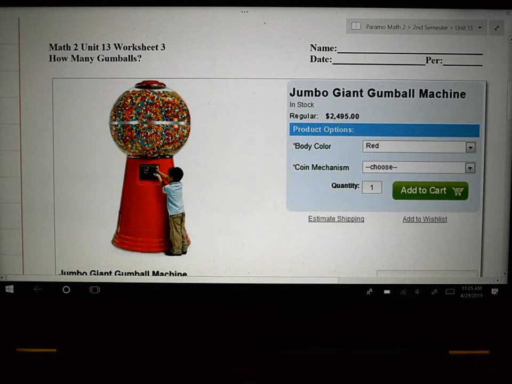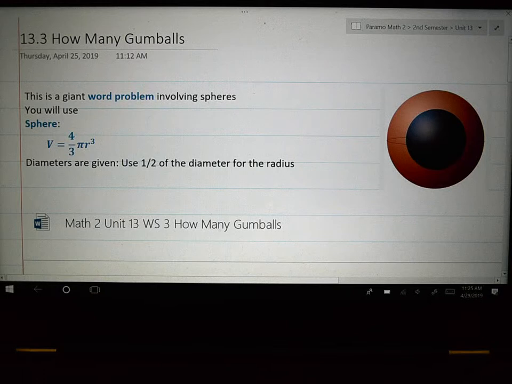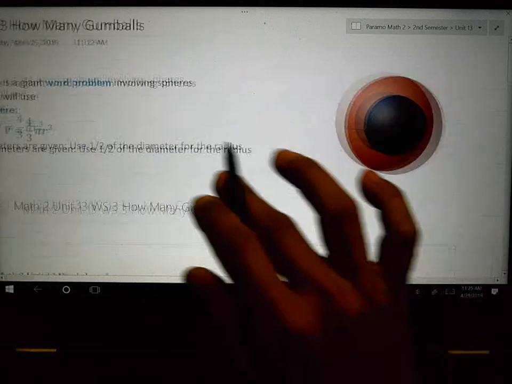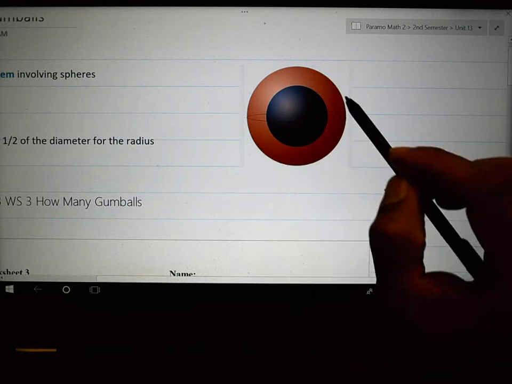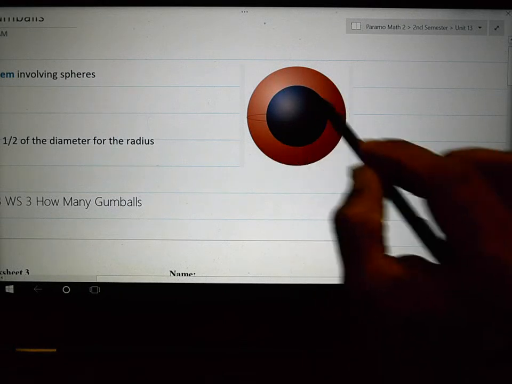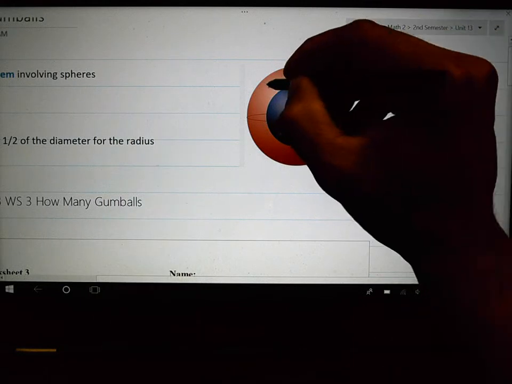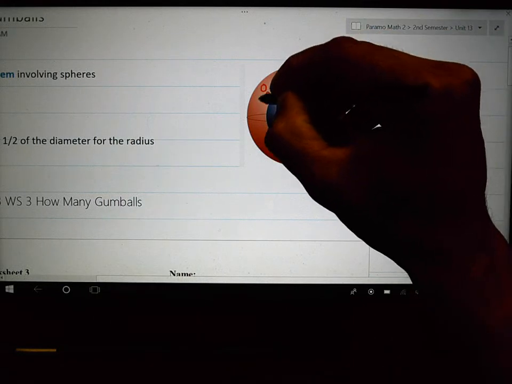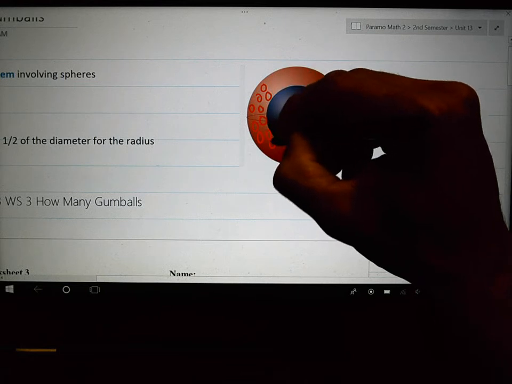Now, I can't show you everything, but I definitely want to point out some things that you should know. First and foremost, whoever made this machine decided to use an inner globe and an outer globe, or an inner sphere and an outer sphere, so that you could think of all these gumballs being out here to look like it is full.